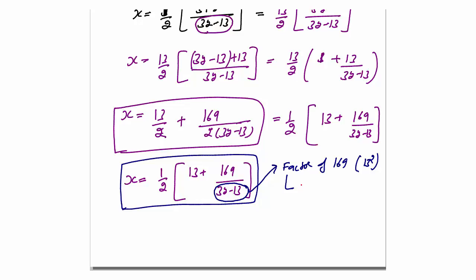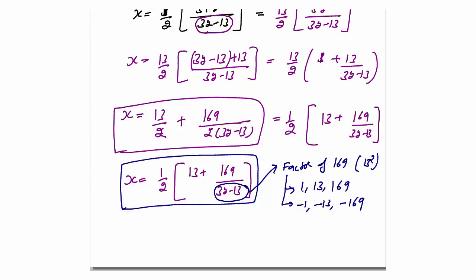It will have only three factors, that is 1, 13, 169, and also we will check the negative factors: minus 1, minus 13, minus 169. The condition is that both x and y must be positive integers. Now if 3y minus 13 is 1, then 3y would be 14 and y will be a fraction. This is not a valid answer. I will first check for y, then I will check for x.